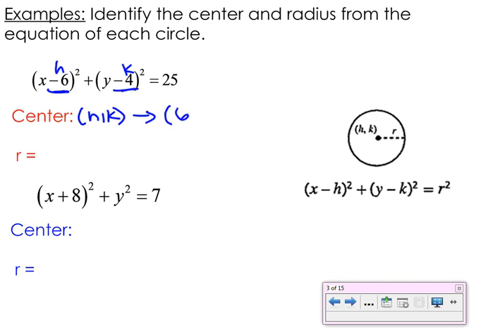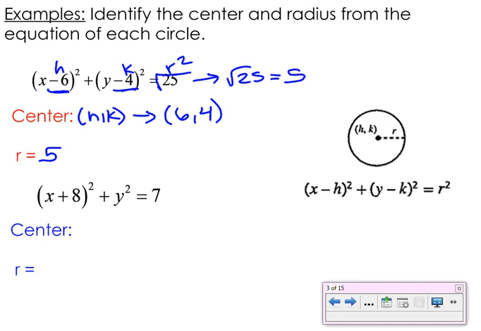And again, here we have a negative 4 for our k, so it will be a positive 4. So our center point will be 6, 4. Now our radius, remember in our equation, it's r squared. So to get rid of something squared, we must take the square root. So the square root of 25 is equal to 5, so our radius will be 5.